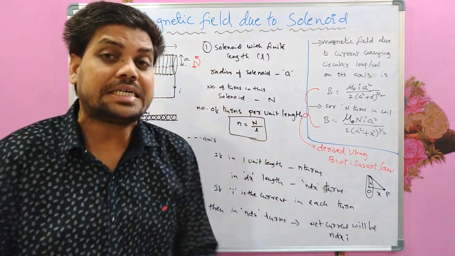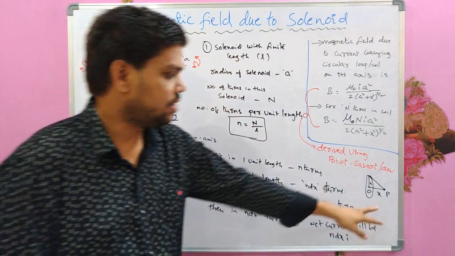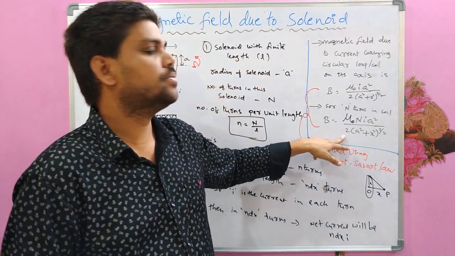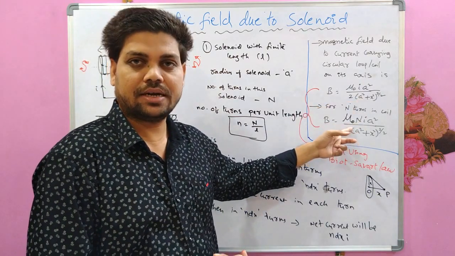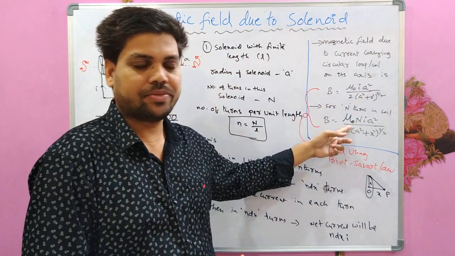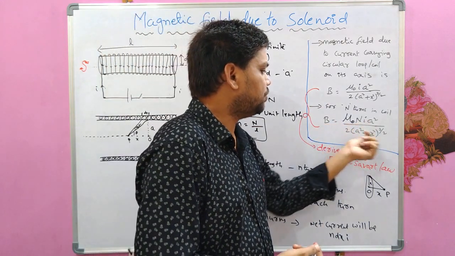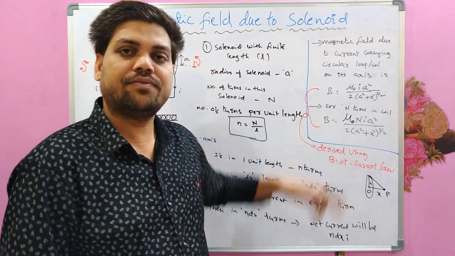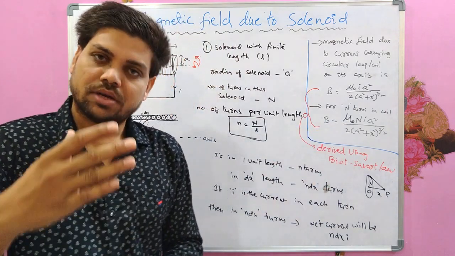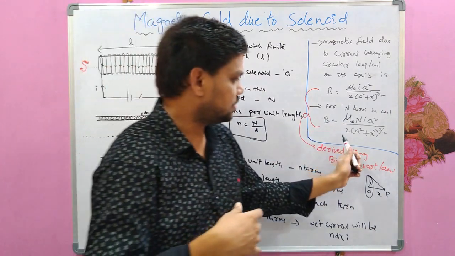But if there are N turns in the coil, the formula will be N multiplied by this single term formula: mu naught N I a square by 2 into a square plus x square whole power 3 by 2. This is the magnetic field produced by the coil with N turns.